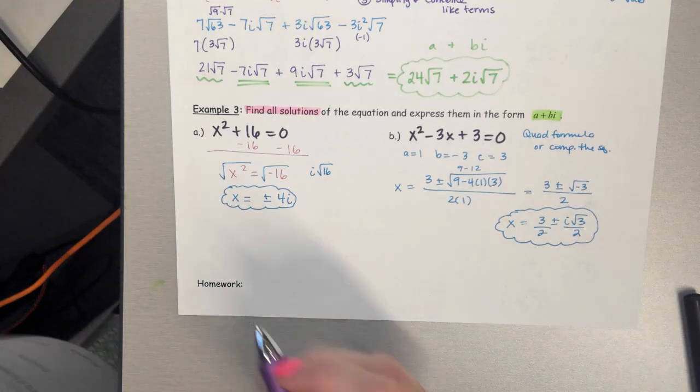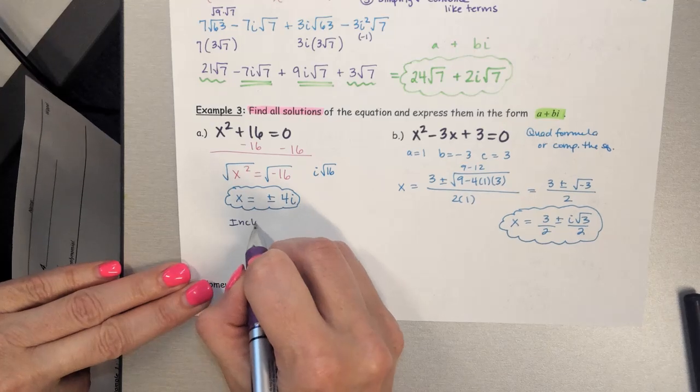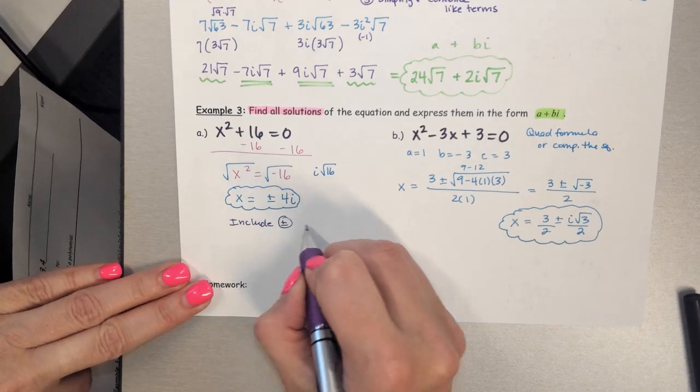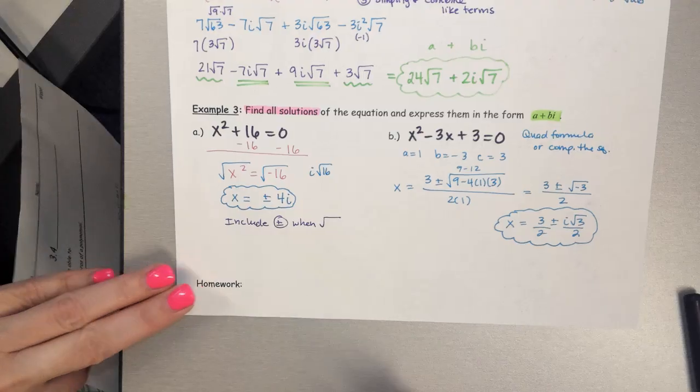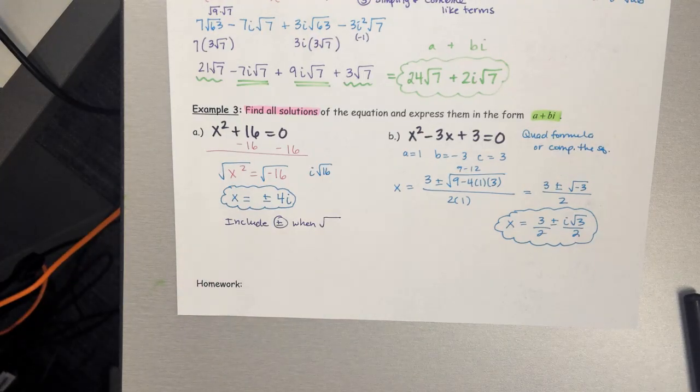All right, so I also just wrote a little reminder here, include the plus or minus when you take the square root. Okay, so you want those two answers there.